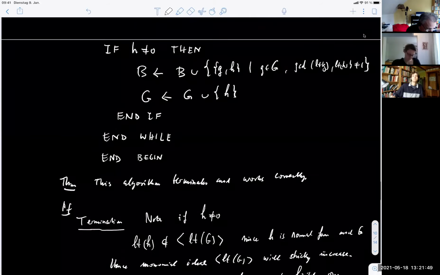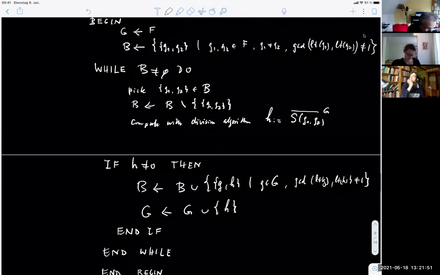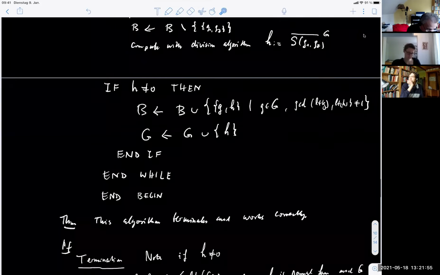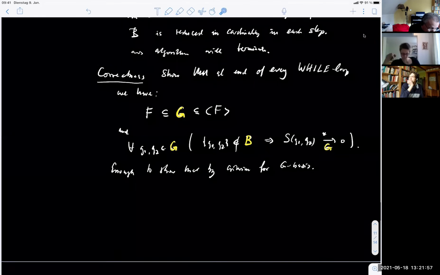When you are out of the while loop, B is empty. No critical pair anymore. So then I have to consider all pairs. For all pairs, the S polynomial goes to 0. Therefore, by this criterion, I know I have a Gröbner basis. Fine.